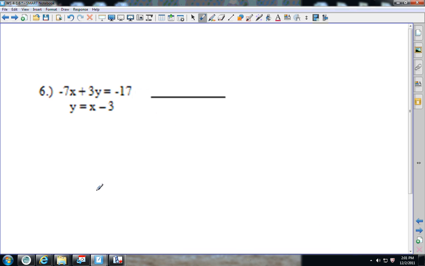Here's the next one. Look and see, is there any one of the equations that's written in x equals or y equals? Yes, it is right here. Y equals is right there. I have negative 7x plus 3 times, okay, 3 times y equals negative 17. So I rewrote it. I just took out the y.